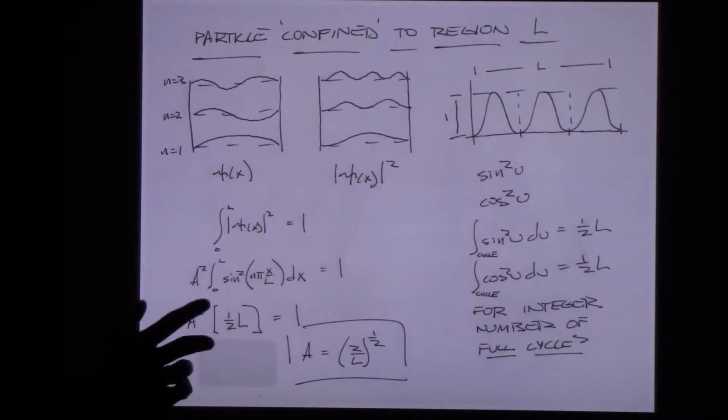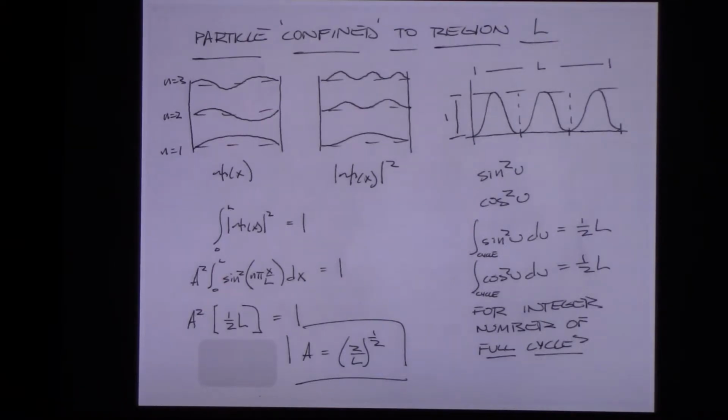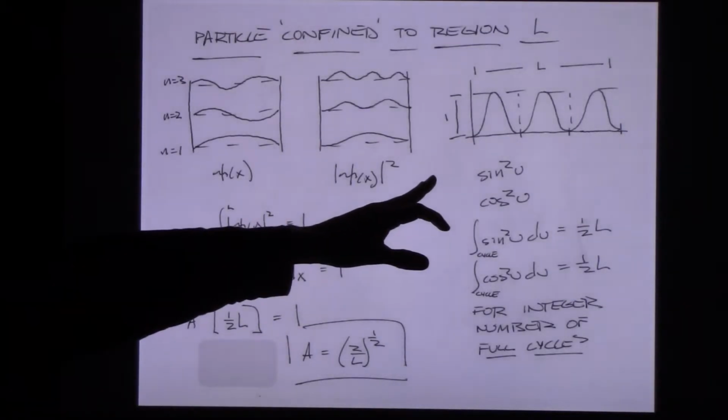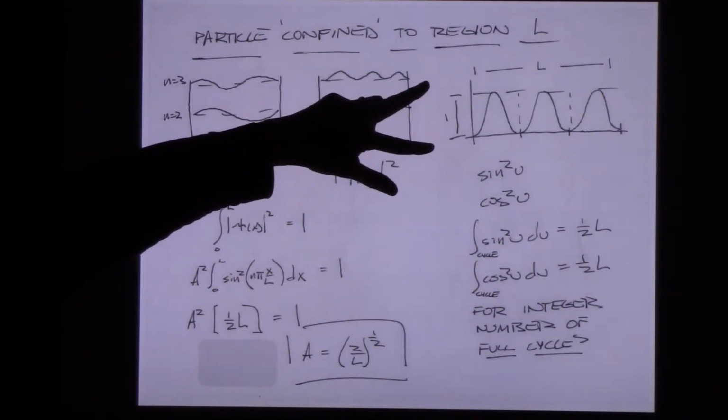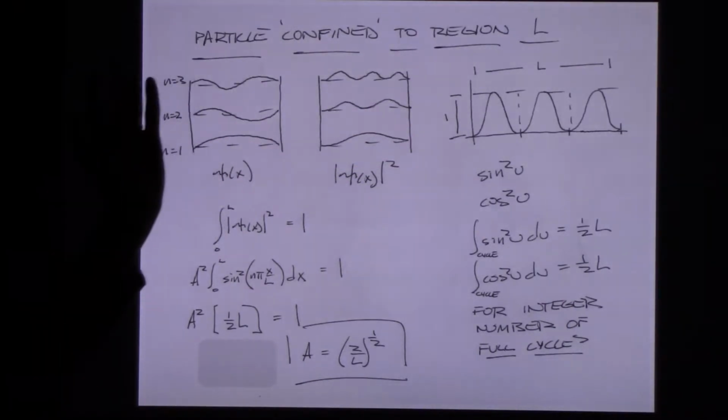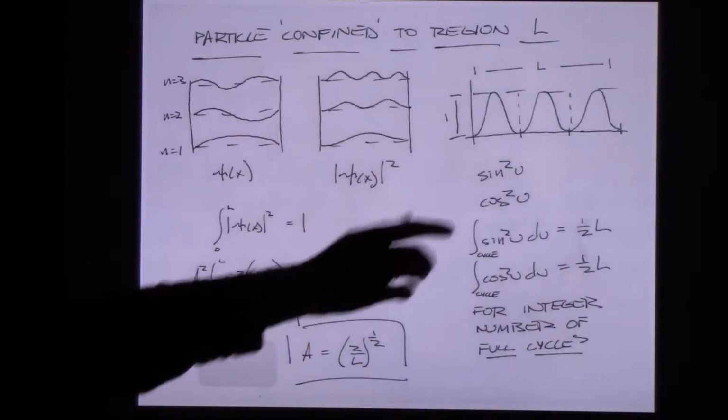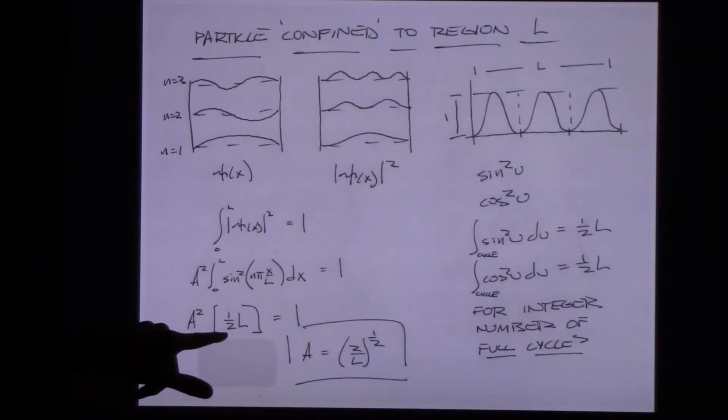If we integrate sine squared or cosine squared over a full cycle, the average value for that function is going to be 1/2. They peak at the value of 1, and if we integrate them over some length L, half the area under the curve will be the sine squared function, and half the area under the curve will be the cosine squared function.